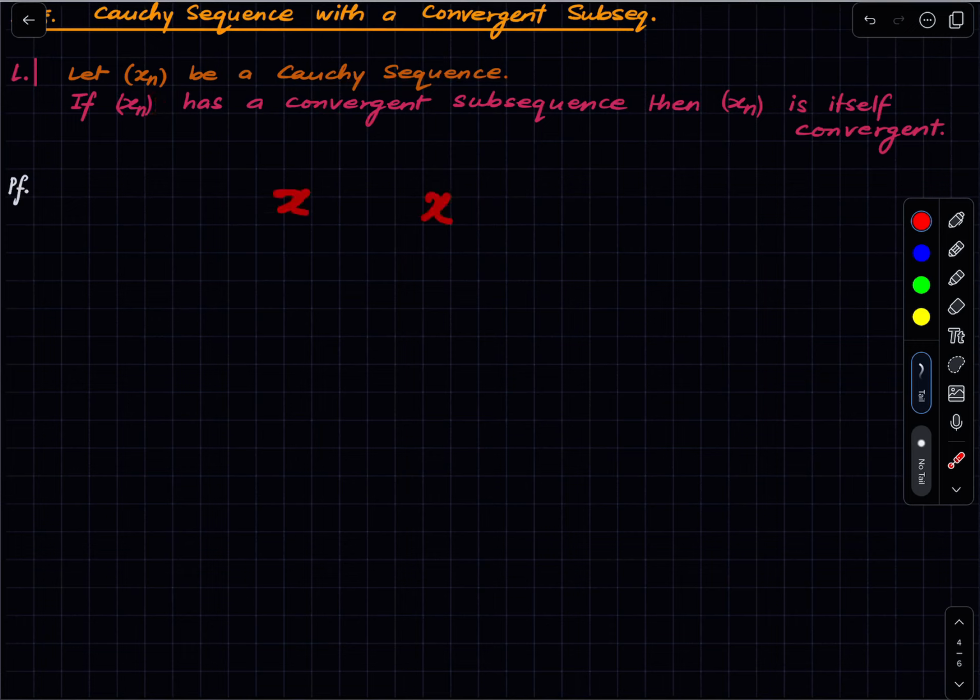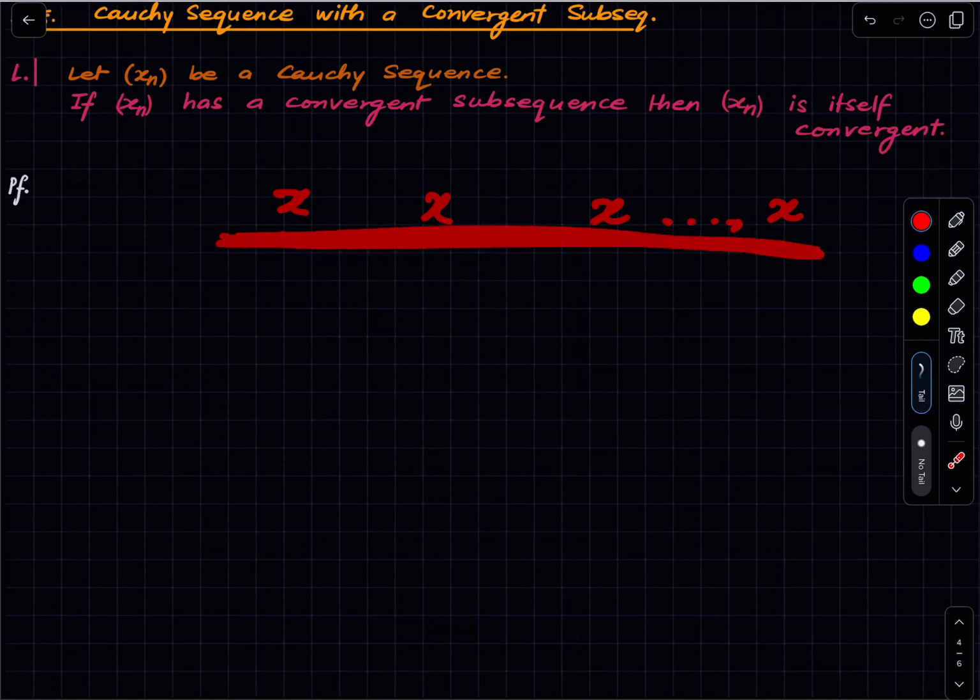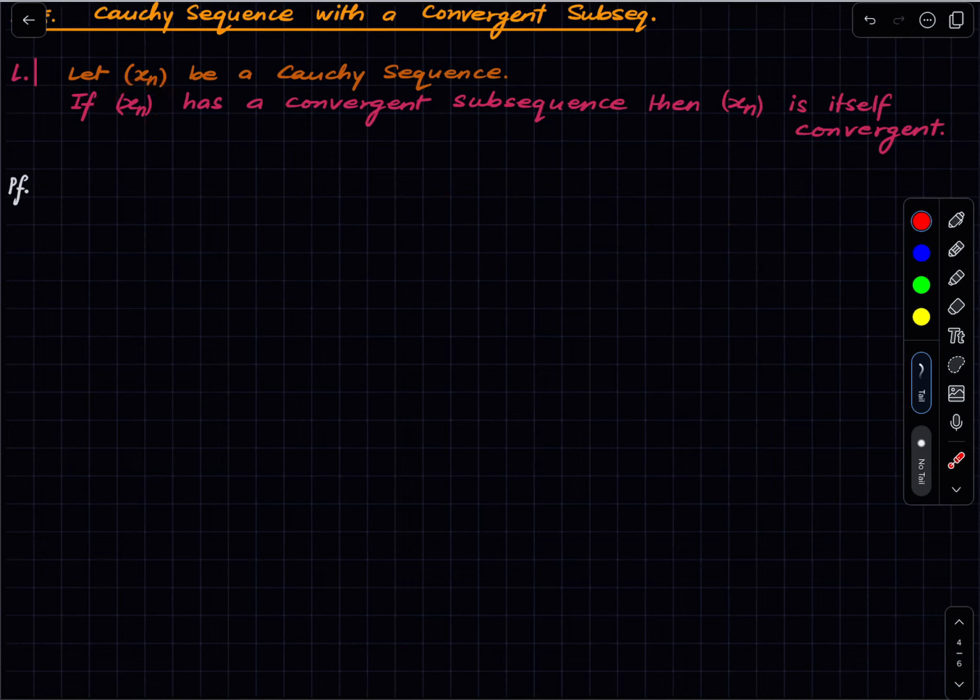Okay, so if this same number appears frequently in the sequence, which is to say that this sequence has a constant subsequence, so there is some number x which appears frequently in the sequence.